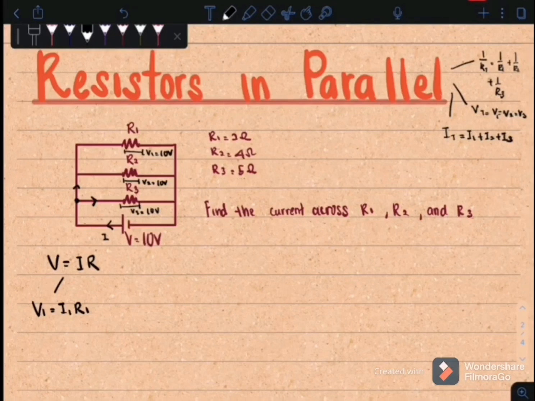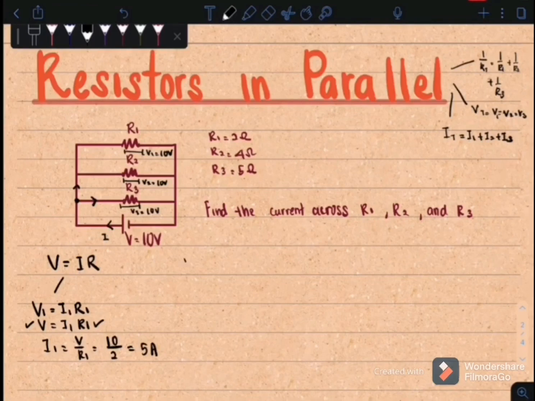V1, which is the voltage across resistor 1, is equal to the V from the supply, which is the 10 volt. So my equation becomes V equals I1 R1. I know the value of V and I know the value of R1. So I1 is V over R1, where V is 10 volt divided by R1, which is 2 ohm. So I'll get 5 ampere as my current that passes through resistor 1.